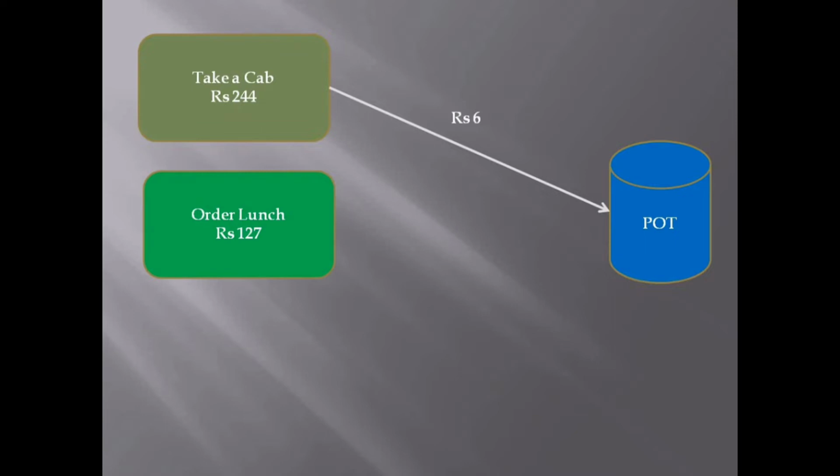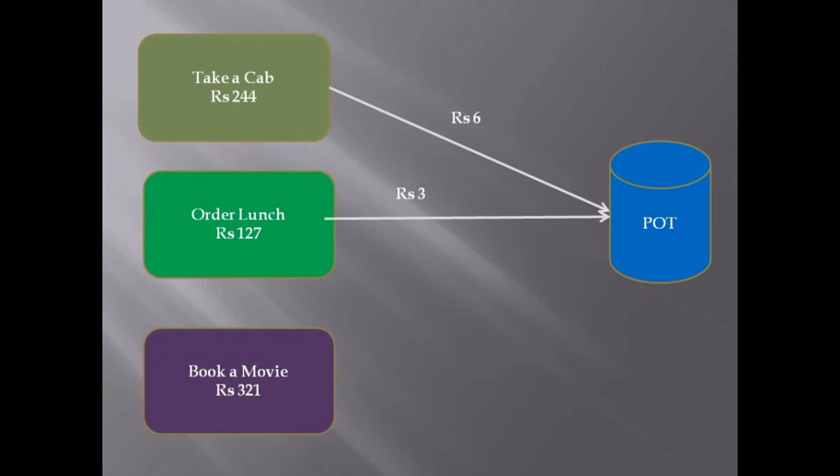It will round up to 130 and 3 rupees will be saved to your pot. Similarly, let's say you book a movie that costs around 321, then around 9 rupees will be saved into your pot. So at the end of the day you can see a total of 18 rupees in your pot balance. Once your pot balance reaches 1000 rupees, it will automatically invest in the stocks you have chosen in the settings. This is basically how it happens.